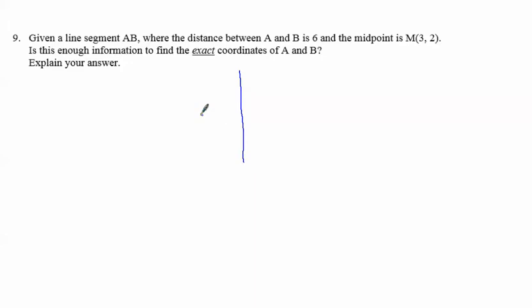If I have my coordinate grid like this, and I find the point 3, 2, that would be my midpoint. I don't have any other information, so I could produce this red line here and make both sides equally long and then say that my points A and B are there.